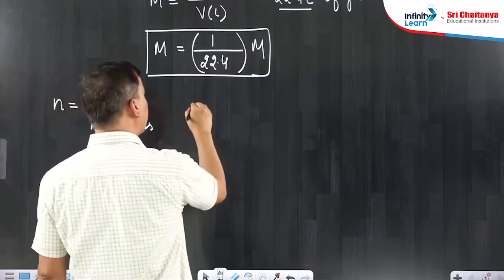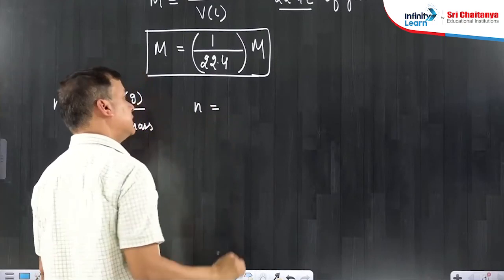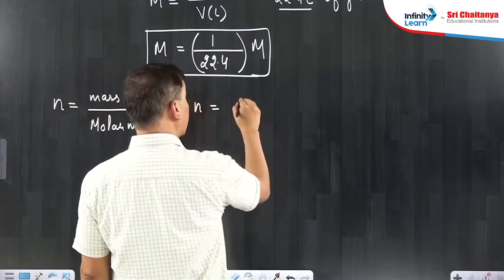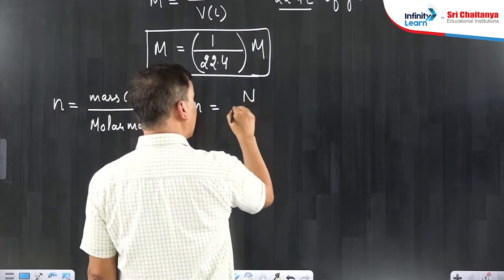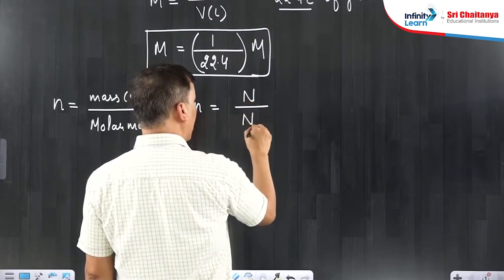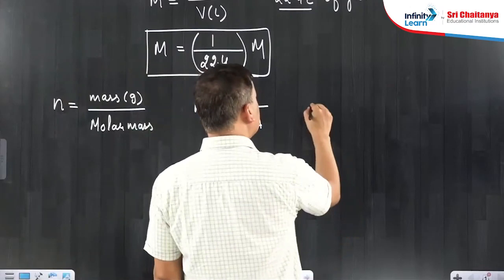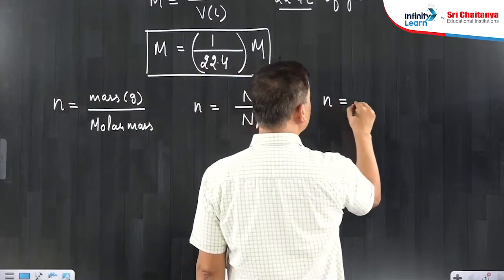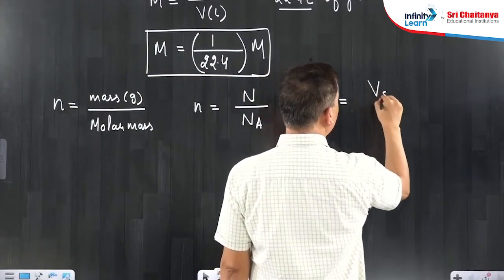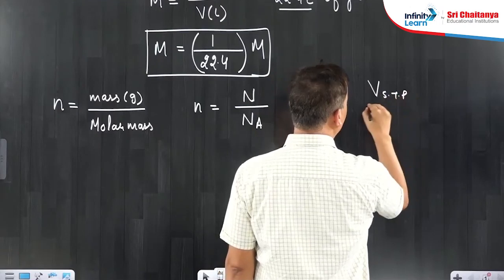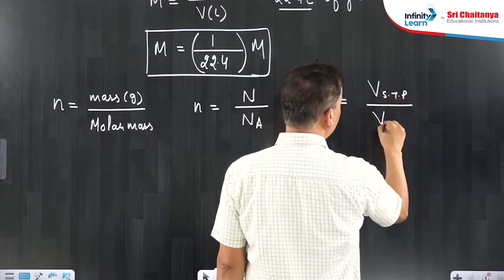Second formula is what? Number of moles is equal to given particles upon what? Upon Avogadro's number. And here third is number of moles, given volume at the STP upon what? Molar volume.